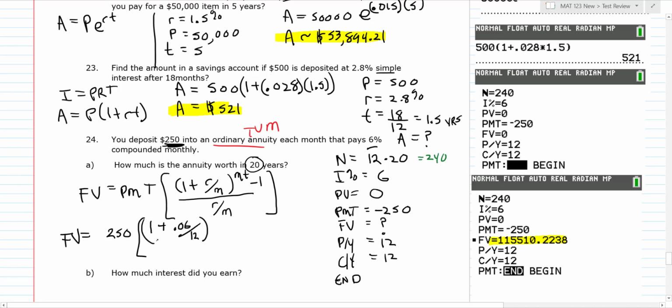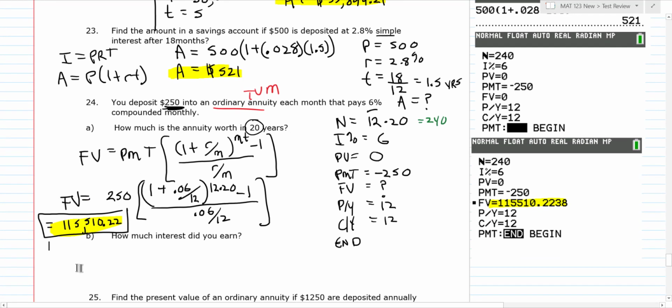That whole thing is to the 12 times 20 years, minus 1, all over 0.06 over 12. So if you want to set it up, you go that way. But the answer to that problem is just going to be the future value is $115,510.22. So that would be your answer to the future value.